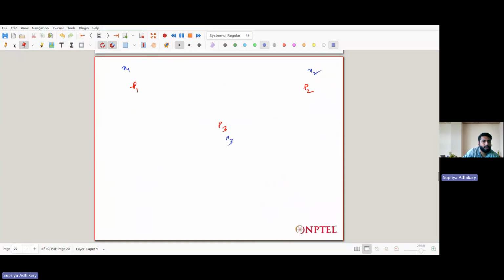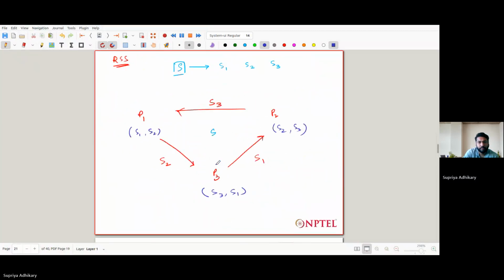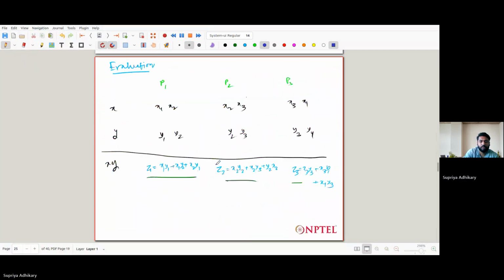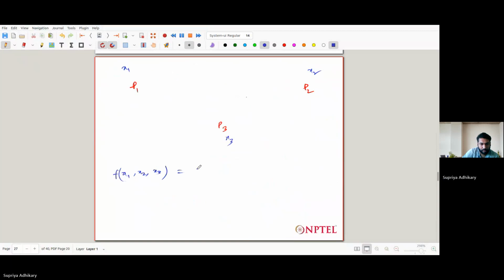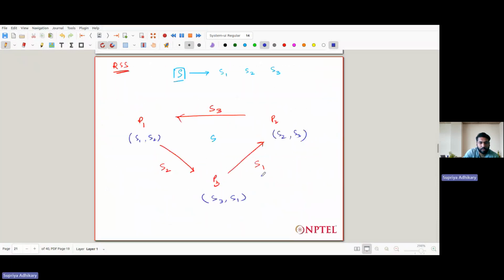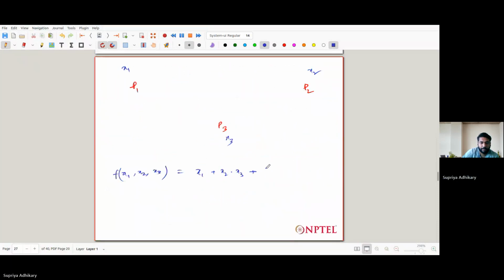The function that they want to compute is f of x1, x2, x3, which is x1 plus x2 x3, plus x1 x3. So this is the function that they want to compute.